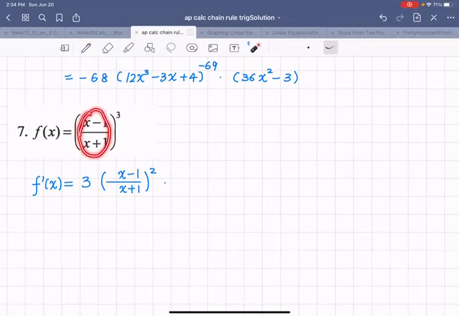You take care of this layer, and then you want to do the quotient rule for the inner layer, okay? Let's do the quotient rule for this guy.